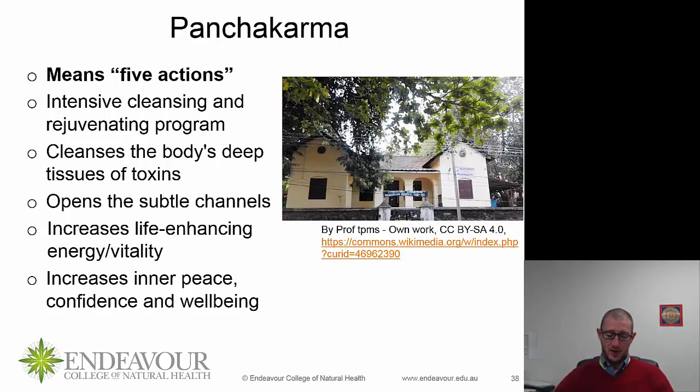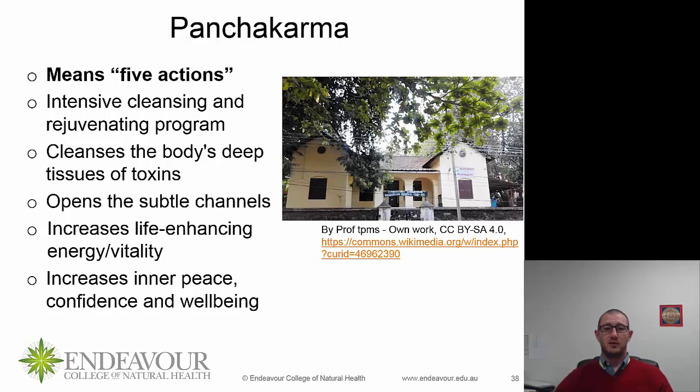Its application is systematic and very rigorous, and is not for the faint of heart. It engages in the use of purifying herbs, emesis, medicated enemas, as well as a very strict diet and strict rest, and also in the prescription of detoxifying herbs.